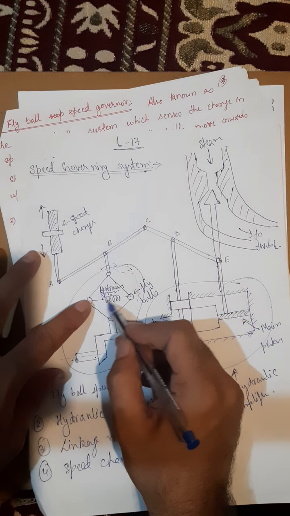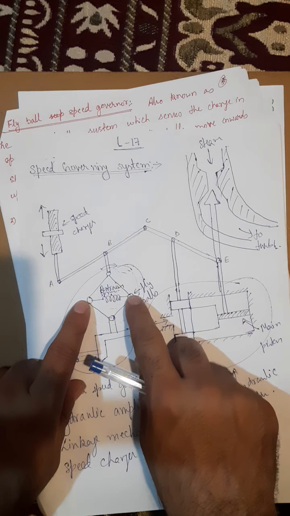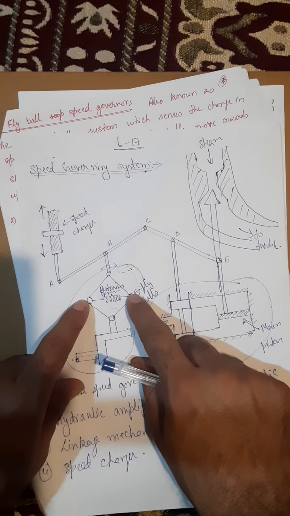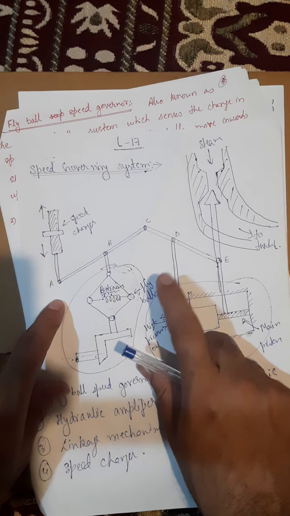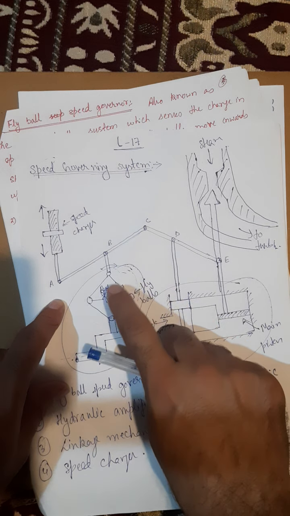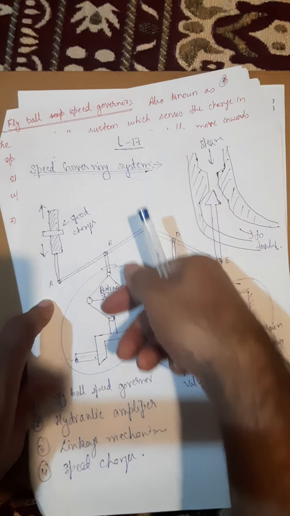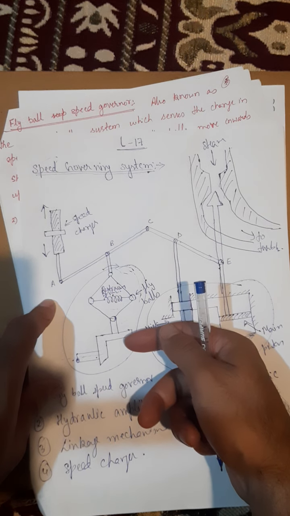Now these balls are at these positions. Speed of rotation of the flyball increases, so the new position of the flyballs will be, suppose, this and this. The spring is expanding, so point B will come down. The point B shifts downward.